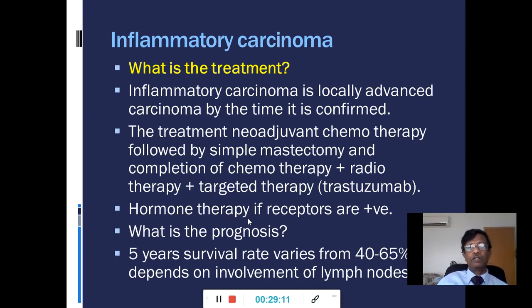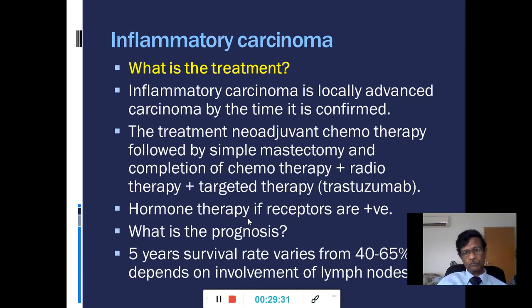After completion of chemotherapy, radiotherapy and targeted therapy can be given, because usually these patients are ER/PR negative. Hormone therapy can be given if the receptors are positive. What is the prognosis in this patient?